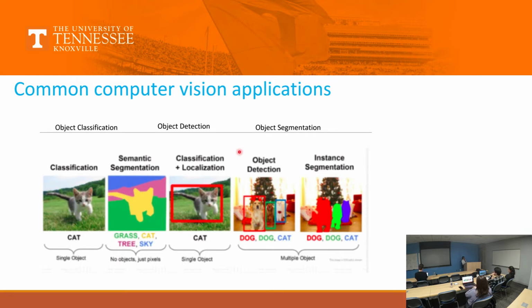Another task that you can do is classification and localization. Here you can see that in an image you can exactly localize where the cat is. It is helpful for our case where we are detecting bubbles, to know where the bubbles are. And then the other thing is object detection, which would simply detect the objects.